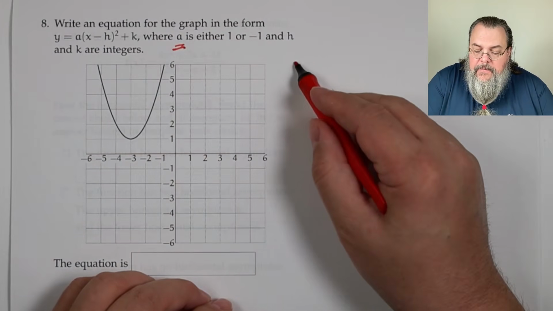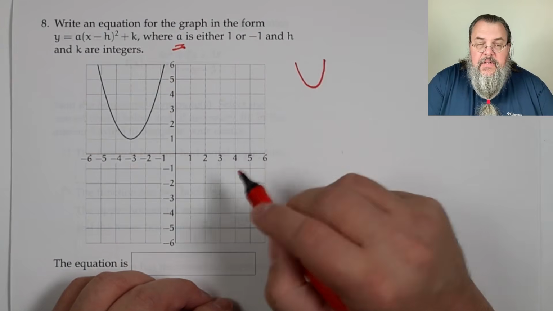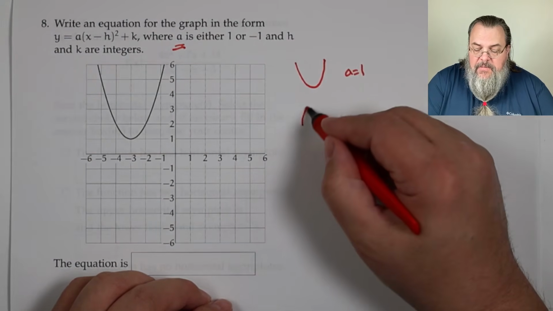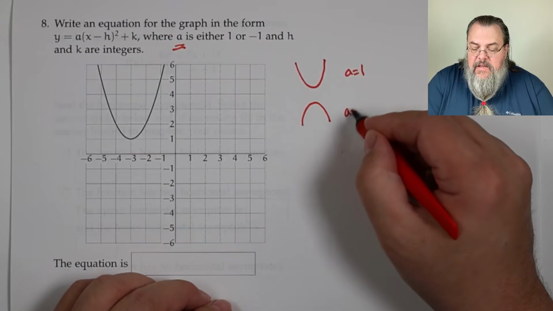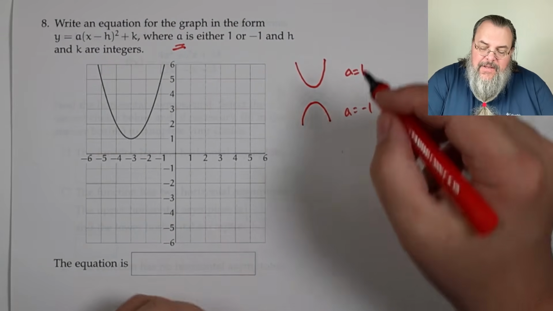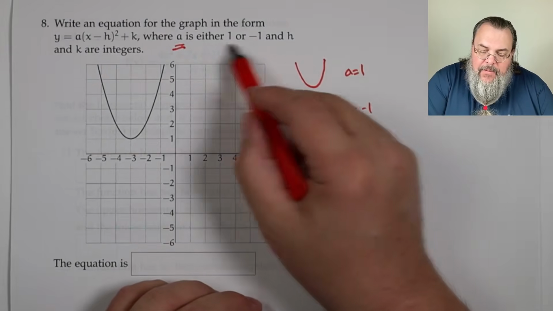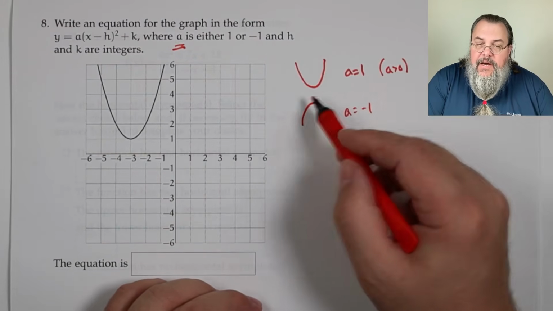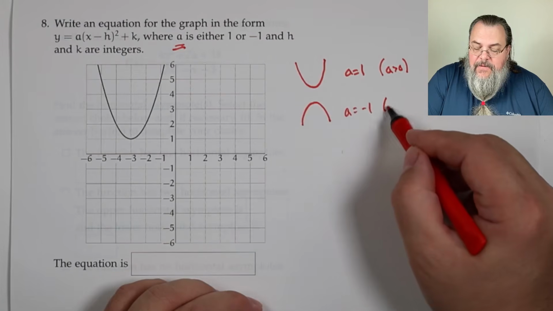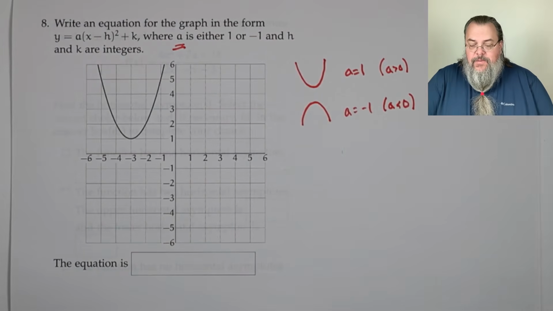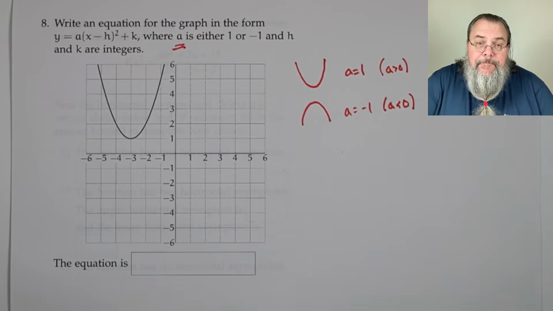Well, if our parabola goes up, then a is 1. And if our parabola goes down, a is minus 1. So actually what's happening is, because we're talking about 1 or minus 1, really more generically, if it opens up, a is positive, and if it opens down, a is negative. But because we're either 1 or minus 1, we can figure that out.